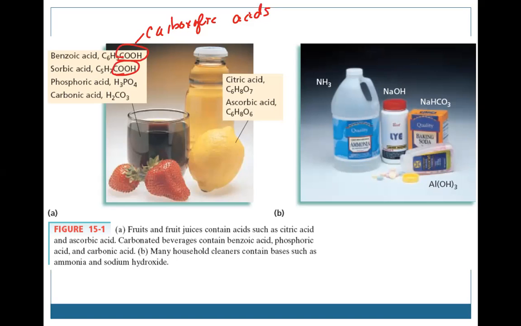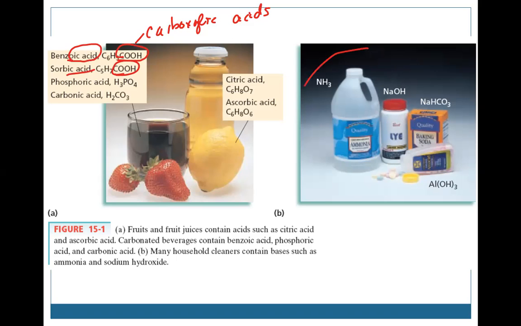They are organic acids, and that's usually denoted by the ending oic acid. And you'll learn all about that next year. Ascorbic acid, again, you've got phosphoric acid and carbonic acid, all of those that are in carbonated beverages like Coke or Pepsi. And that's the reason why they're very corrosive to your teeth, among other things.